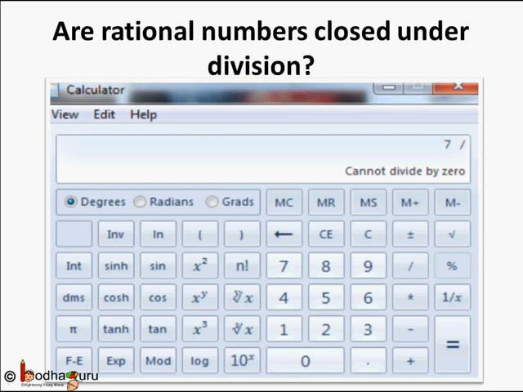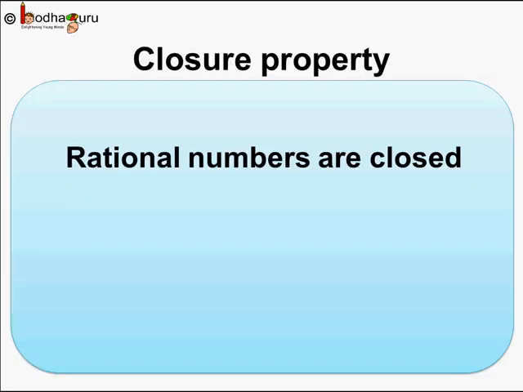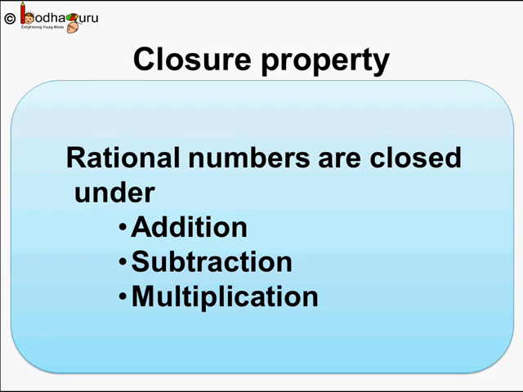Why? Because 0 is also a rational number, and when we divide one rational number by another, we are not always getting a rational number. Thus, we can say rational numbers are closed under addition, subtraction and multiplication.